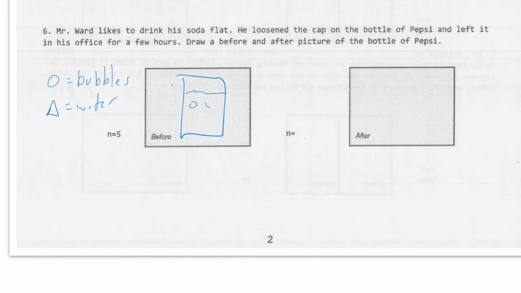So let's put some bubbles and then some water in there. And then afterwards, maybe we've got only 2 bubbles, and then there's a bubble outside. So I would say n equals 5 and n equals 3, and then n equals 5 and n equals 2. So it's got a little flat.